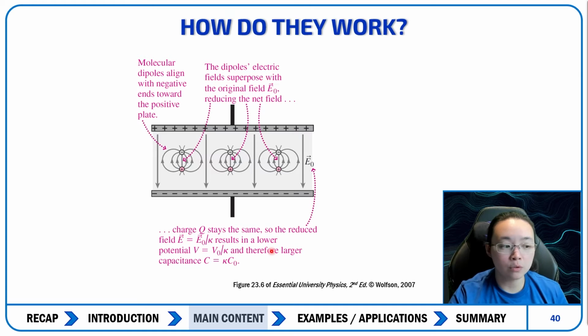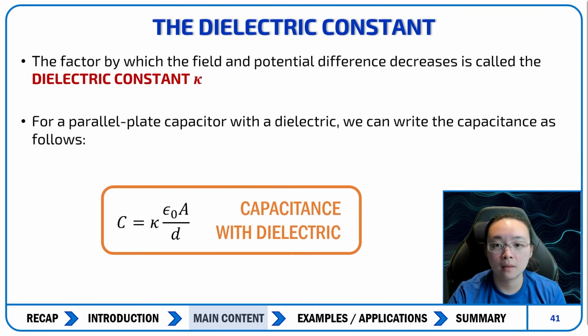So the charge Q is going to stay the same, so the reduced field will reduce the potential and therefore give us a larger capacitance. And that capacitance is going to be proportional to some sort of constant multiplied by the original capacitance. And so we introduce the dielectric constant kappa. The factor by which the field and potential difference decreases is called the dielectric constant.